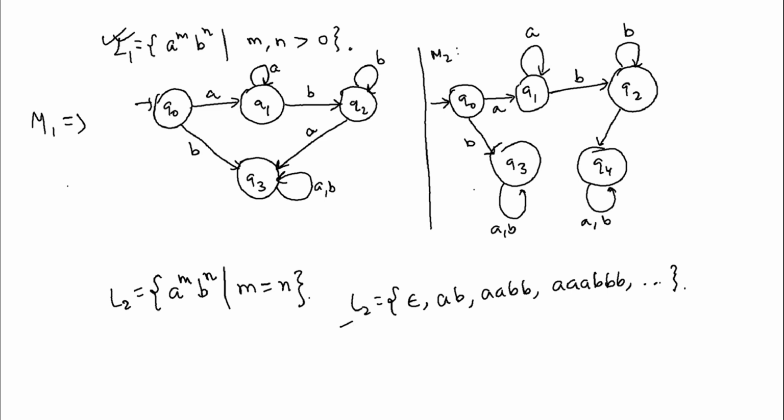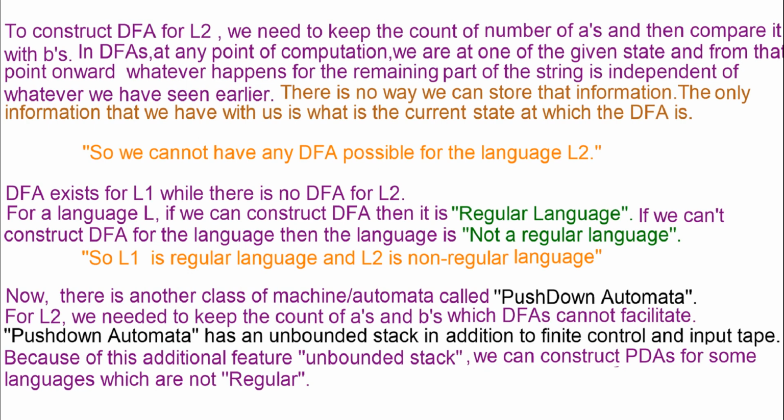Means to construct L2, you need to maintain the count of A and count of B and check whether these two are equal. The number of A's is equal to the number of B's or not. This functionality is not available in DFA.